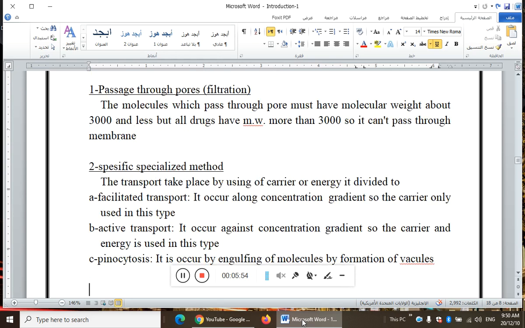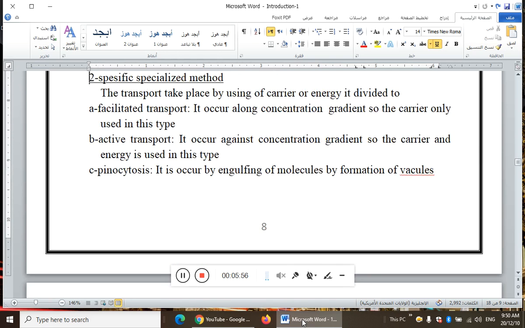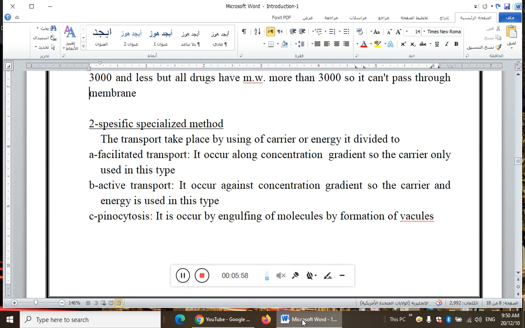The second type of transport is a specialized method. This type of transport takes place by using a carrier, something that carries the material from outside the cell to inside the cell.